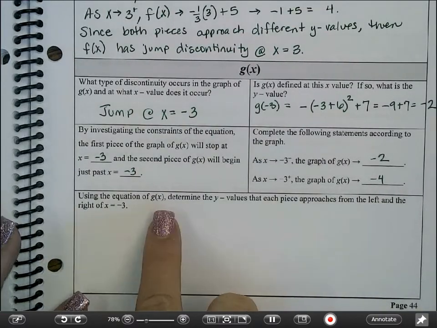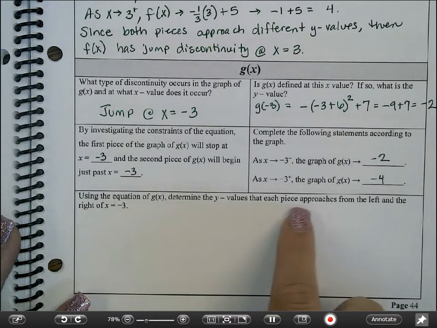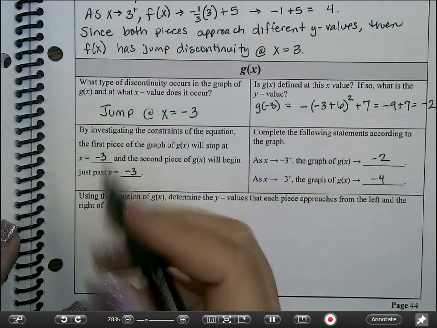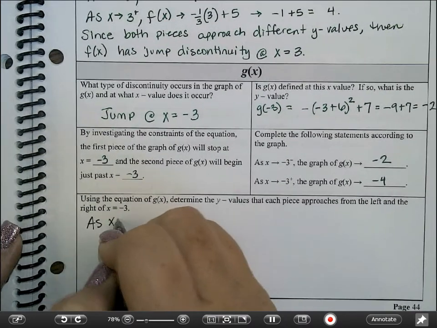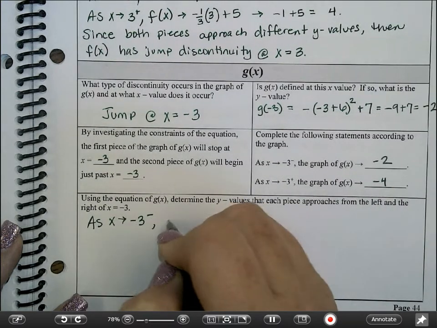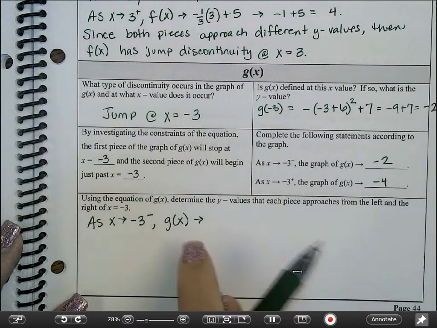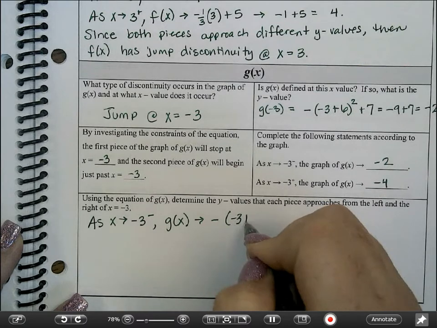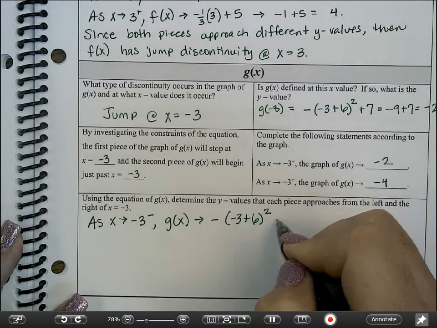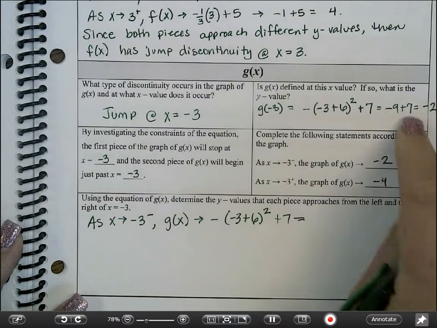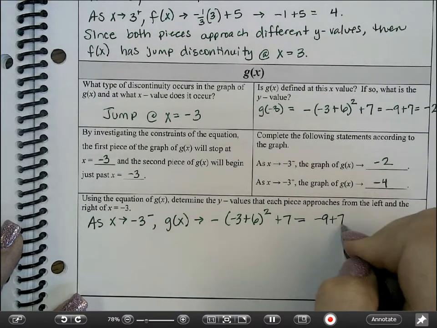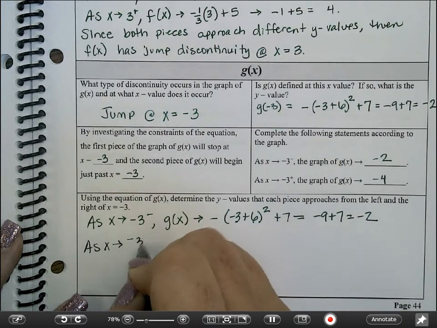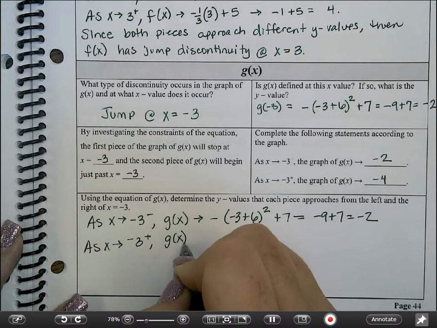So we're going to use the equation to determine the y values that each piece approaches from the left and to the right of x equals -3. So as x approaches -3 from the left, g of x, and remember we're using the proper function, it's that parabola. We just did this calculation right up here. And then as x approaches -3 from the right, now we're going to use the other function.